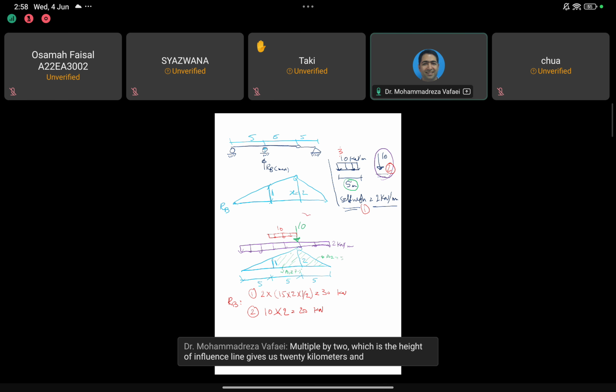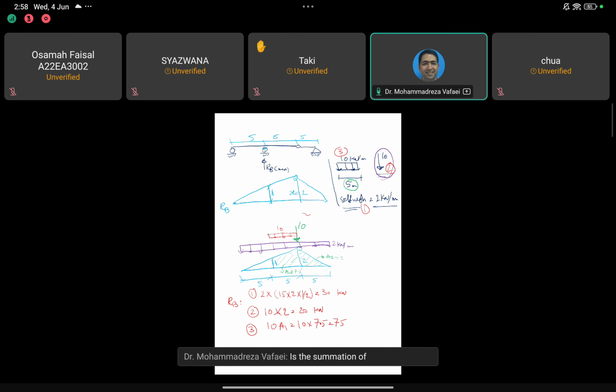And the third, which is coming from this load, is 10, the value of the force, multiplied by the area A1, which is 10 multiplied by 7.5, giving 75. So RB max is the summation of these three loads, meaning 30, 20, and 75, which is 125 kilonewton.